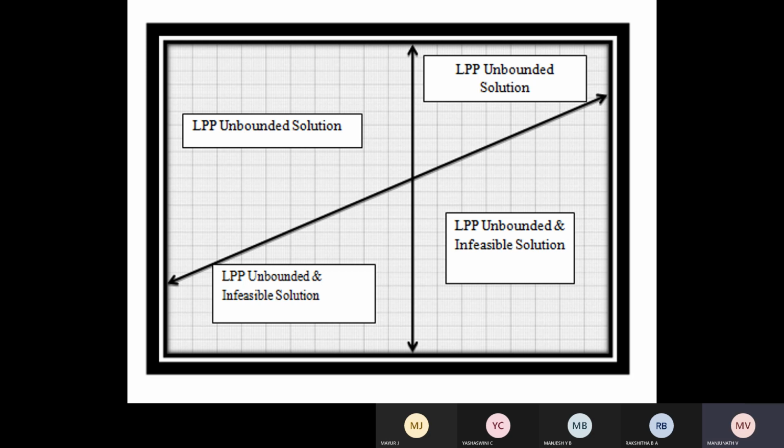The lines are intersecting and extending infinitely into space with no limits.